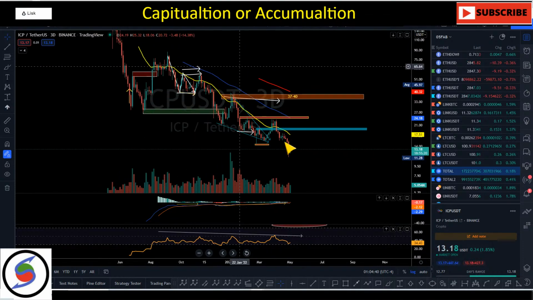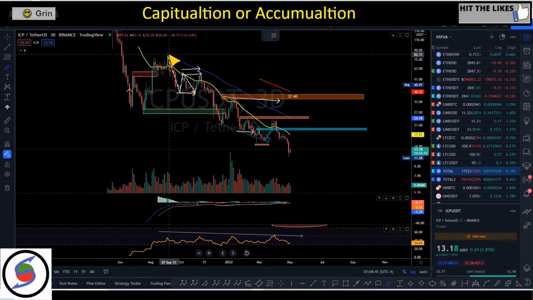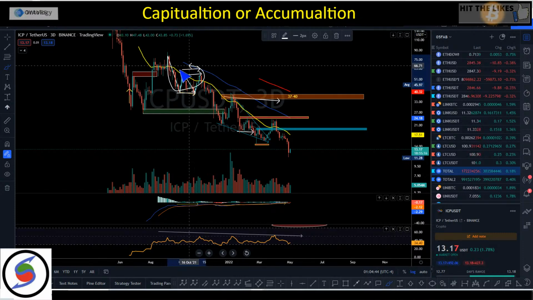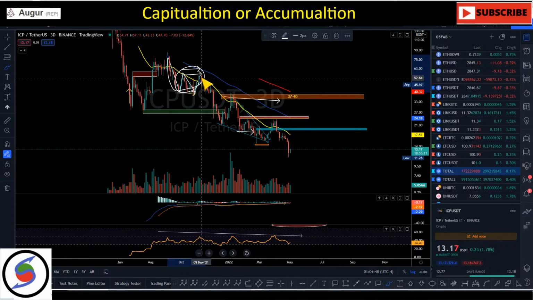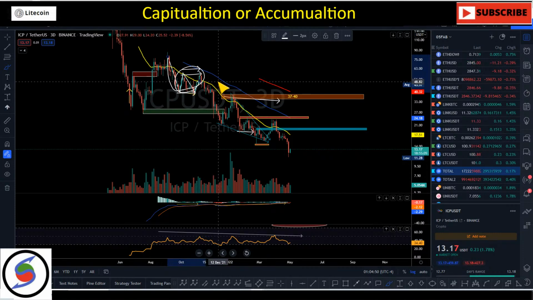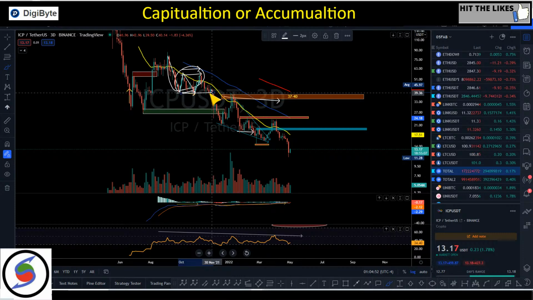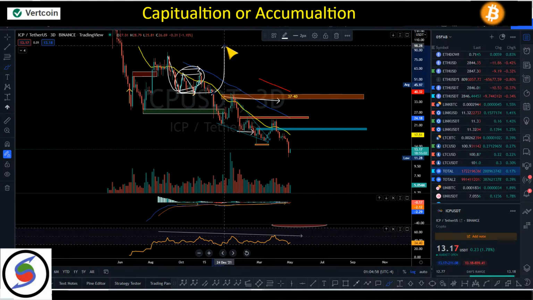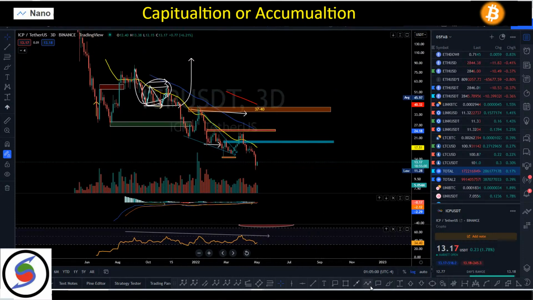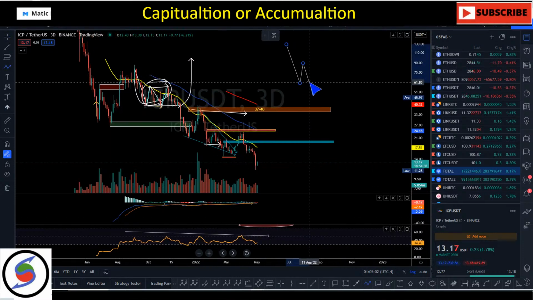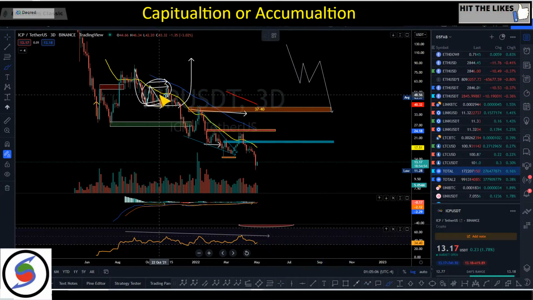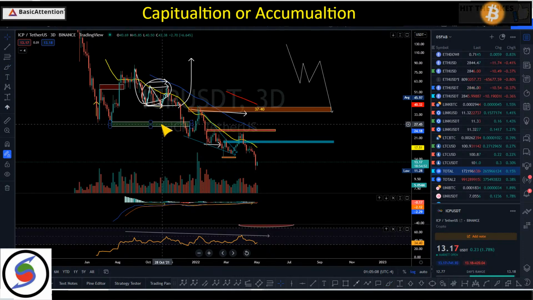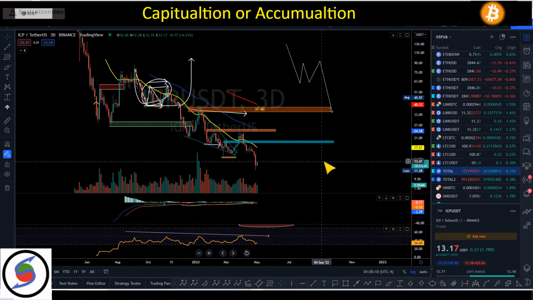It created an internal flat correction right here. Myself, I was bullish with this flat correction, even though it was a bearish pattern. I was thinking we could hold support right here at about 38 and create a triple bottom. If you notice, recently I've been talking about flat corrections like that and continuation of the path to the downside. That's exactly what ICP did right here, retesting the 27 support.